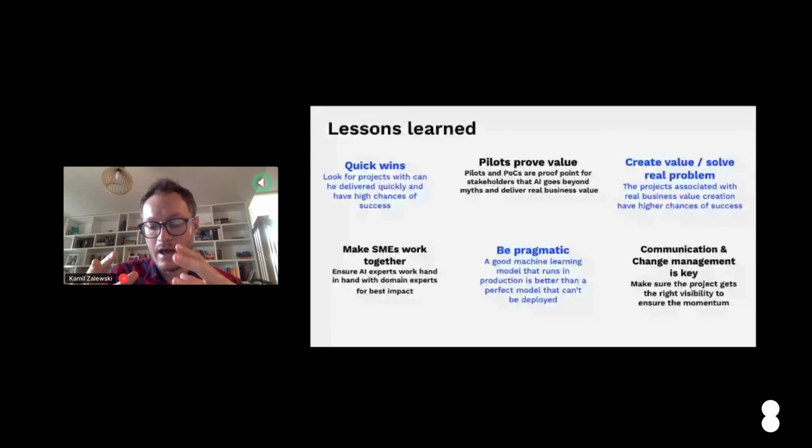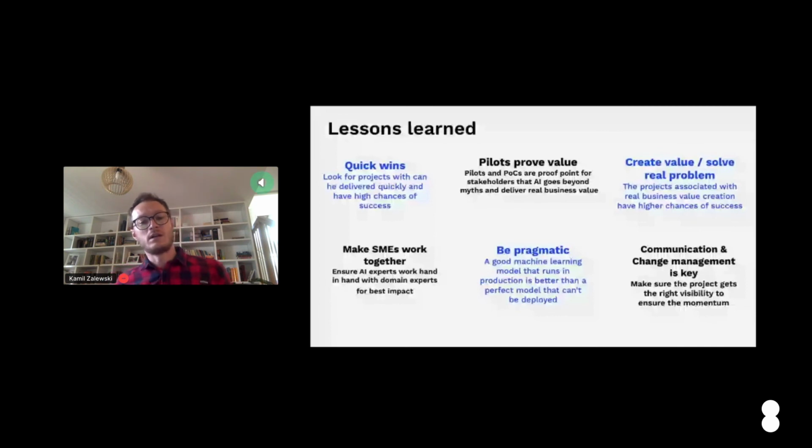And as with any innovative projects, communication and change management is key. Think that AI can quite often disrupt, for example, the workflows. It can actually change the way people were working on the particular projects. So making sure that they are on board, making sure that they understand what it is that you're trying to do is one of the key components of success in here.